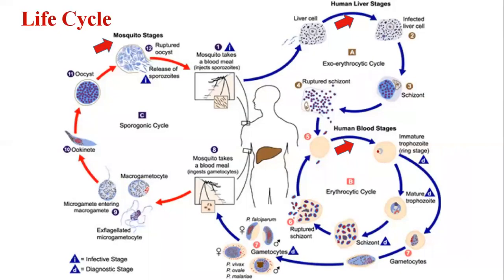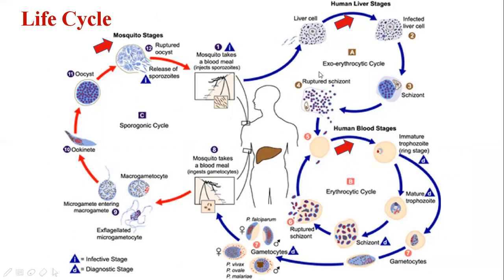Now, how does Plasmodium vivax develop? What is the life cycle? If we want to separate the two animals, one is a mosquito, one is a human being, so there are two different life cycles. One is the mosquito life cycle of the Plasmodium, which signifies the mosquito stages.